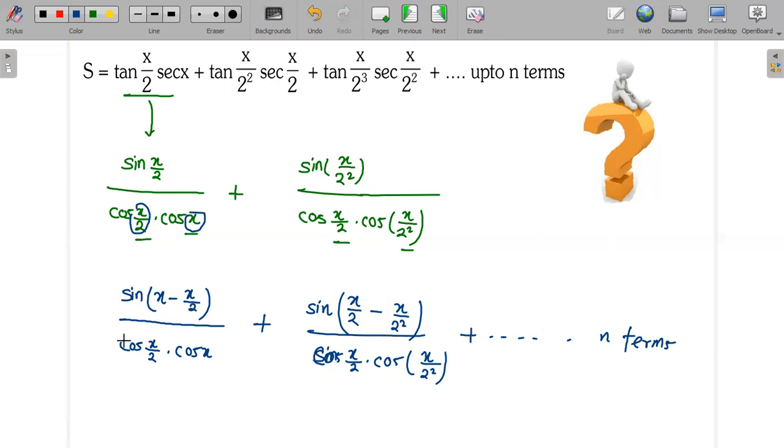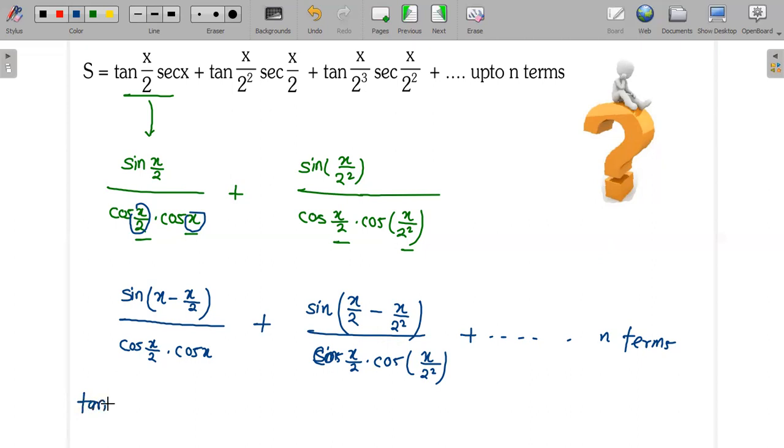But if you try to get what the actual pattern is, then you don't have to write down this expression unnecessarily. So now apply sine a minus b in the numerator, and at the same time divide this expression by cosine x into cosine x by 2. Let me know what you will get.